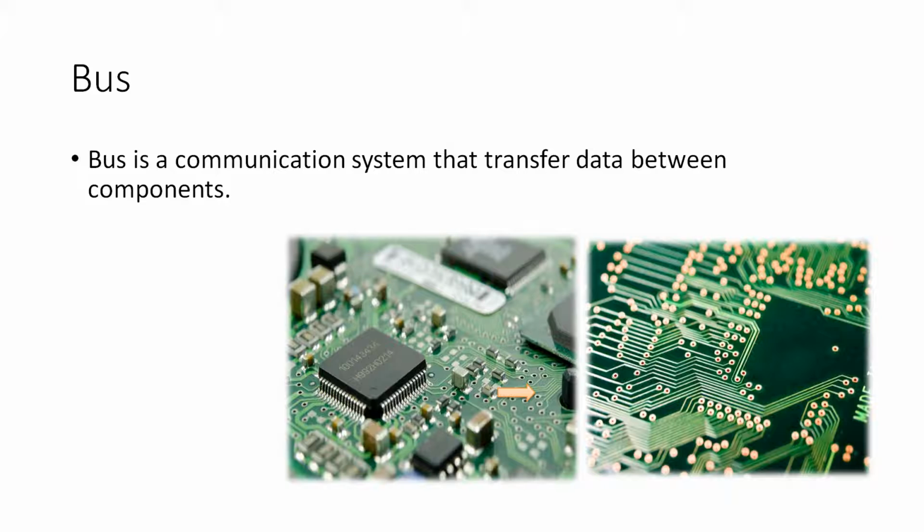Buses are responsible for transferring data and instructions to the processor, or from the processor to the input-output devices, or between different components, such as loading data from the hard disk to the RAM, taking data from the RAM back to the hard disk or to an output device, or getting data from an input device. All this data transfer is carried out with the help of buses. All these small electronic printed lines carry the data and the instructions that are necessary.